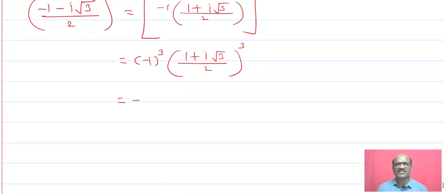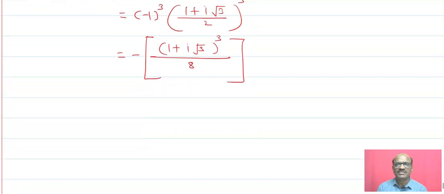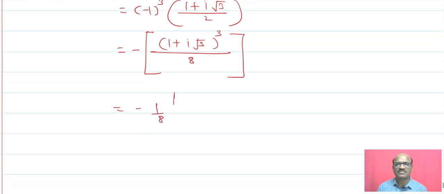I had taken the minus sign common so that the complication will not be there. Minus 1 cube means what? Minus 1. Now see this expansion, (1 plus I root 3) upon 8, and now expand it.